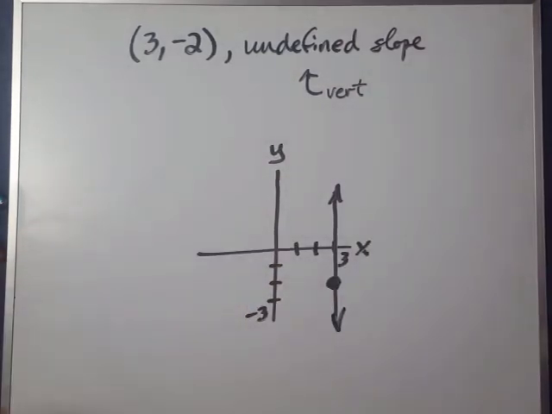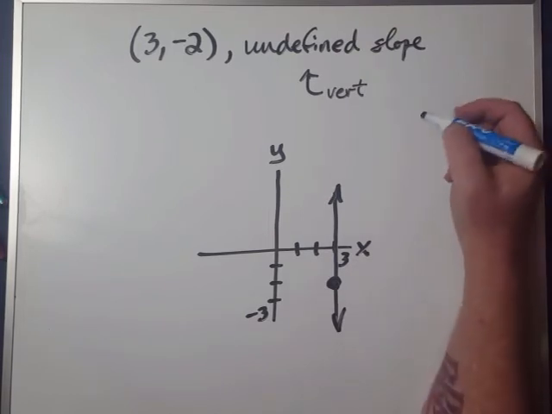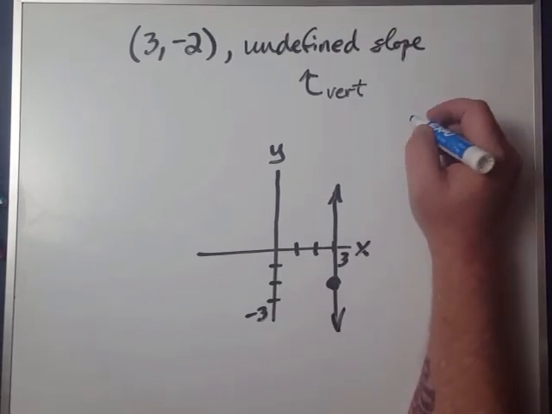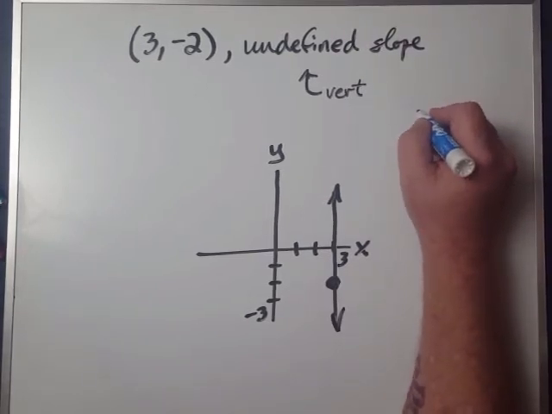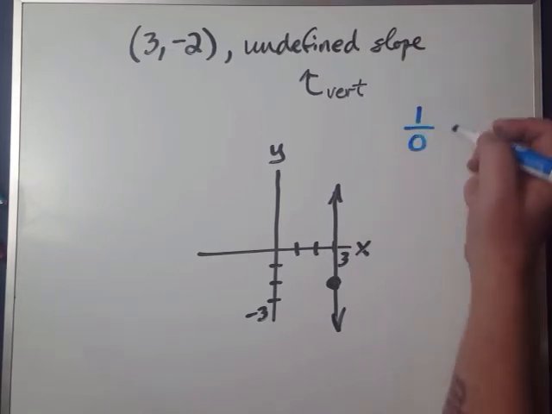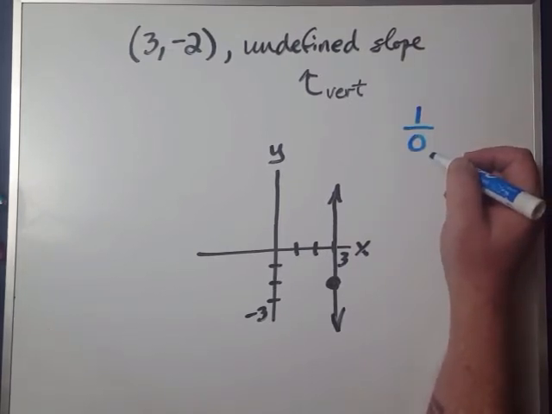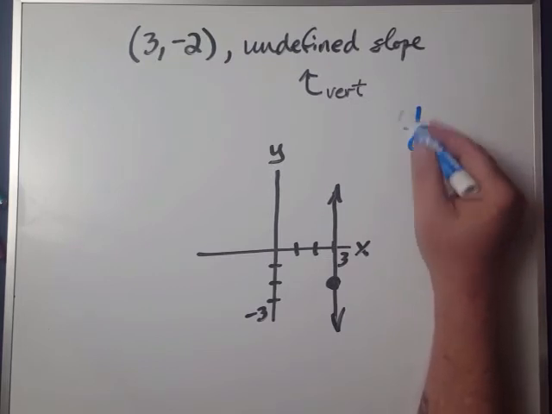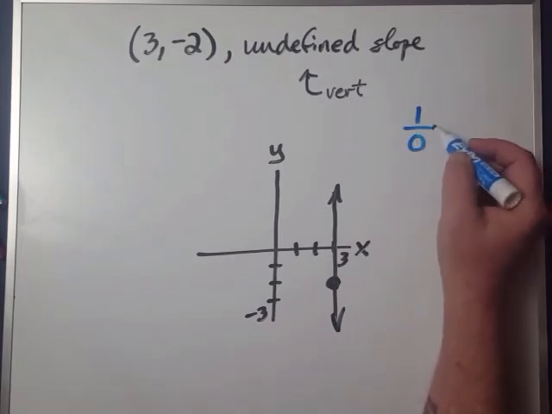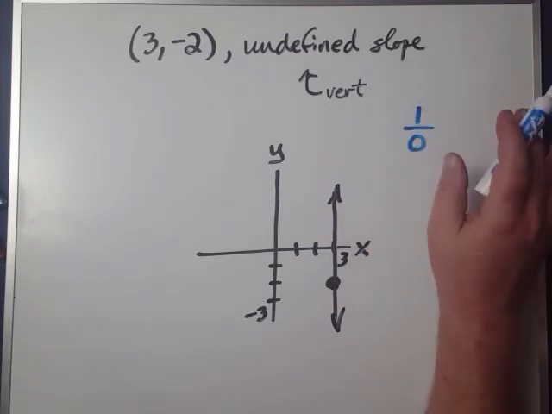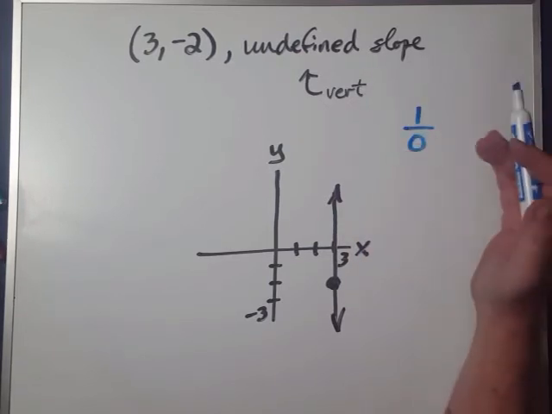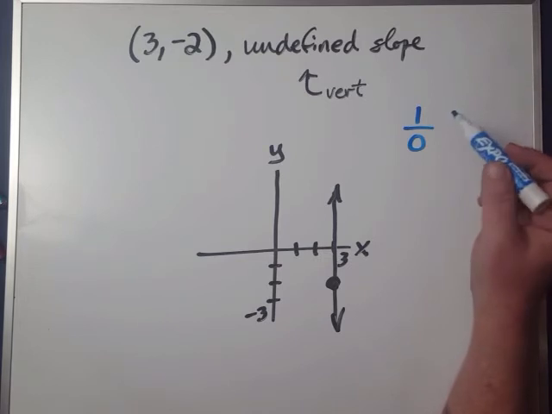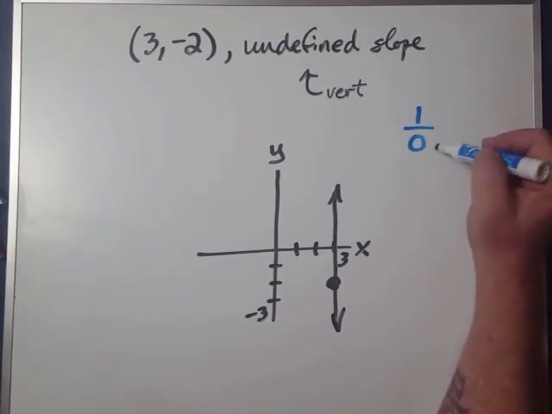And let's consider that undefined, as a physicist, I might say undefined, that's like 1 over 0. What does that tell me to do? If this is my slope, which mathematically we would simply say this has no slope, the slope is undefined, and that's the end of it. But as a physicist, I want to ponder this just for a second.